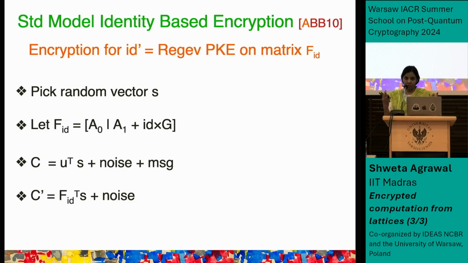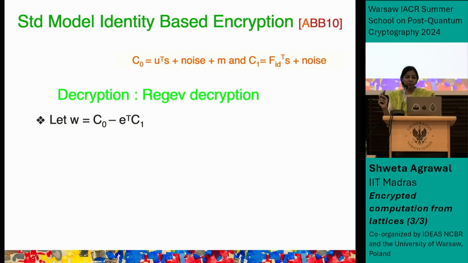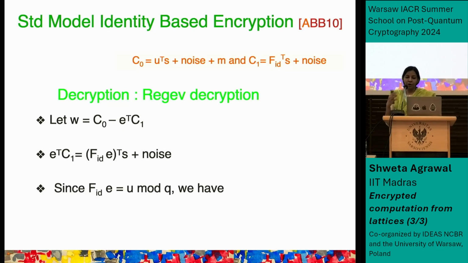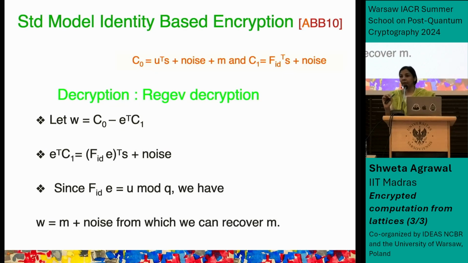And that was the core challenge. Having defined it in this way, the rest of it is simple. It's just doing encryption like we know how to do. We also saw how to do key derivation using our extended trapdoor. So the rest of it is just going to be like Regev decryption. Are there any questions about the correctness of the scheme?